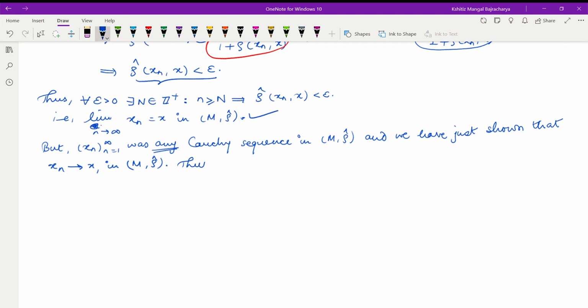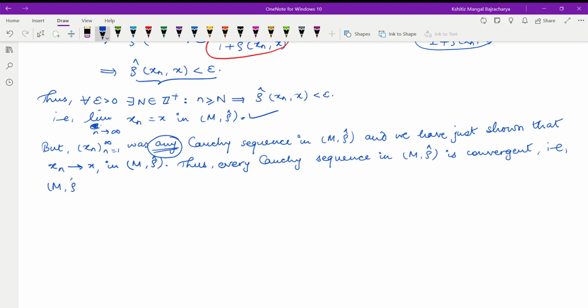Thus, since this was any Cauchy sequence, we can say every Cauchy sequence in M rho tilde or hat is convergent, that is, M rho is a complete metric space.